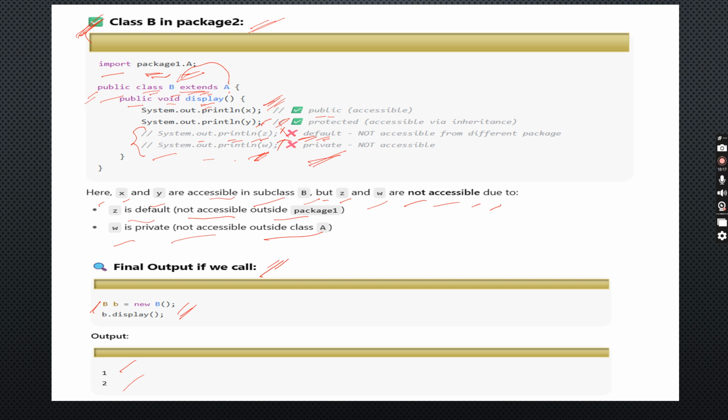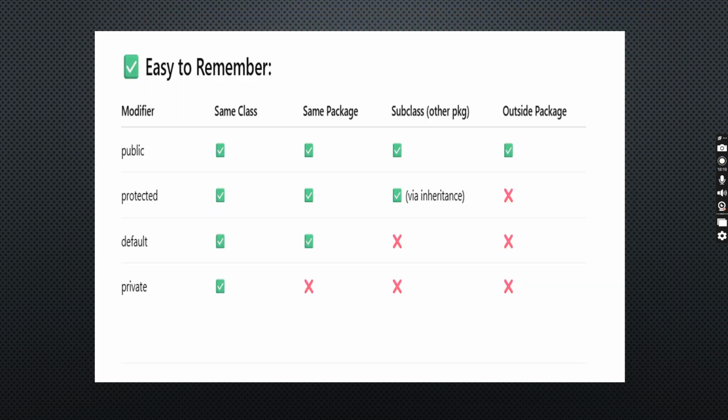So next we see how to easily remember the modifiers. First, public is accessible in the same class, same package, subclasses and outside package. Remember that. Protected is accessible in the same class, same package, and subclasses via inheritance.